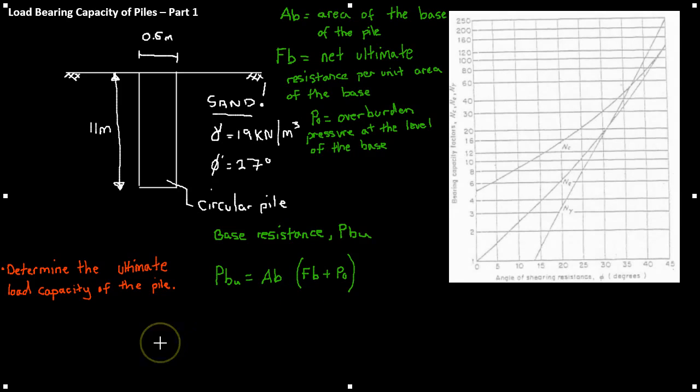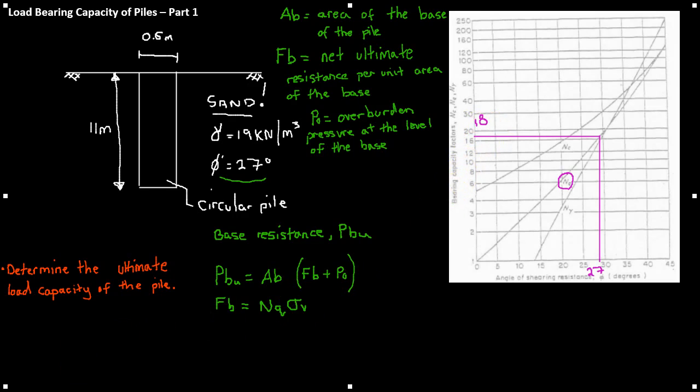FB is calculated by NQ times sigma V. To determine NQ, we use this graph here. We can use our internal friction angle 27 to read off a value for NQ, and we have here, if you get something slightly different, doesn't matter too much, but I'm reading off a value of 18 here.